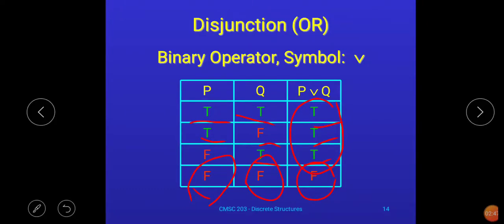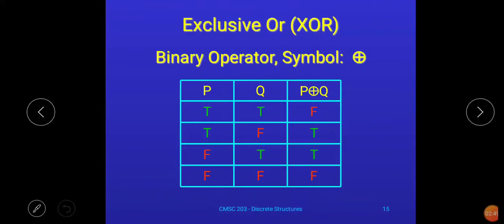Now we will discuss one more logical connective, that is XOR. It is also called exclusive OR. X stands for exclusive and then OR. It is denoted by this symbol.